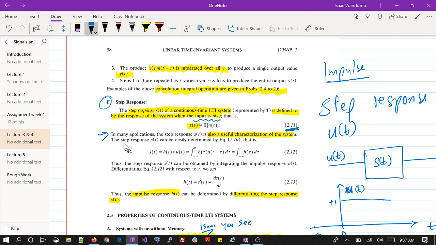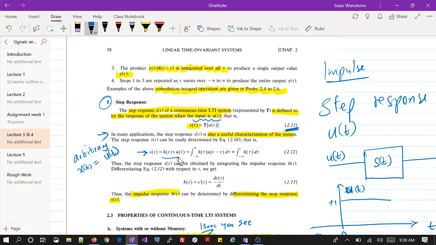We are now assuming that the arbitrary input that was described by equation 2.10 is not x of t now, or rather x of t is equal to u of t. And we have said the output in that case will be the s of t, the one that we are calling the step response, and is simply described by what we have.